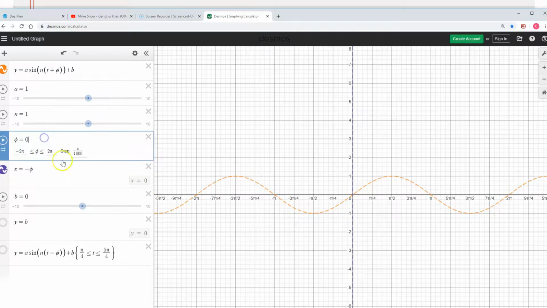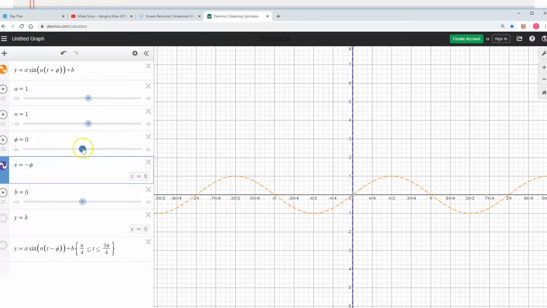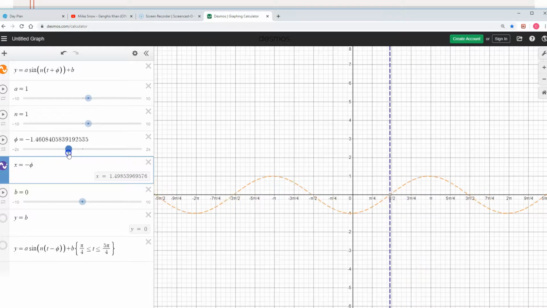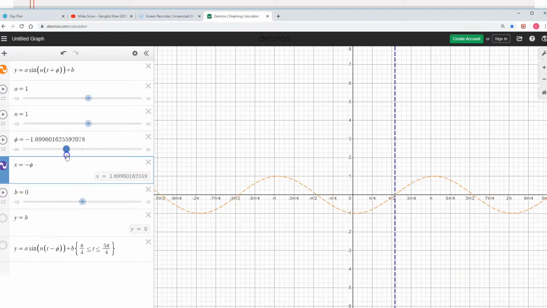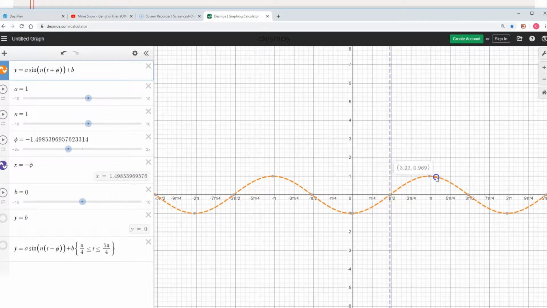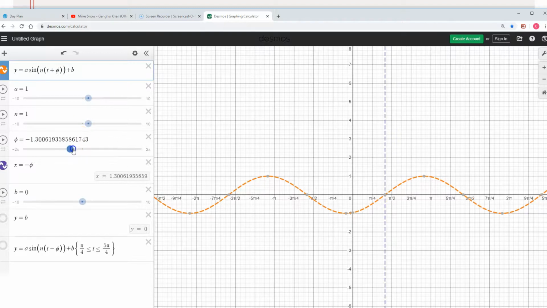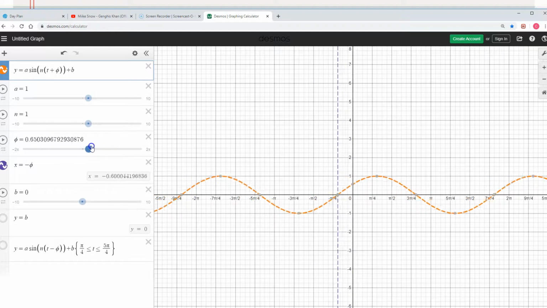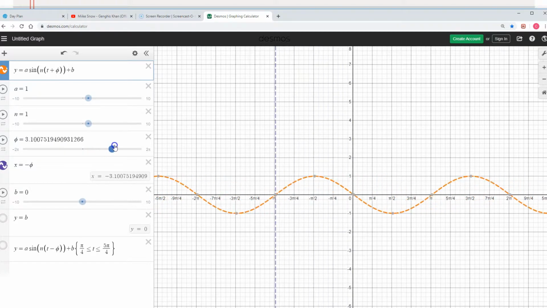But what about the epsilon here? Notice that with negative values of epsilon, we're going to shift everything to the right, so we're right of our y-axis. The graph is starting on the right-hand side. And for positive values, we're going to shift everything to the left, so left of the y-axis.